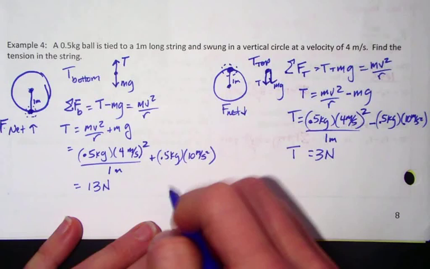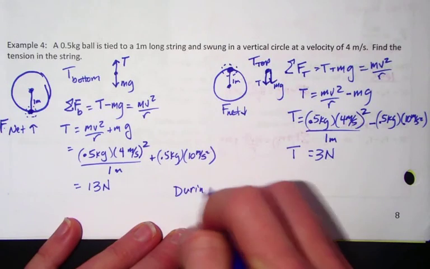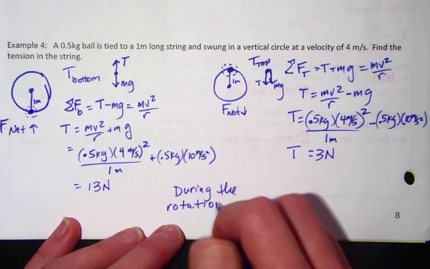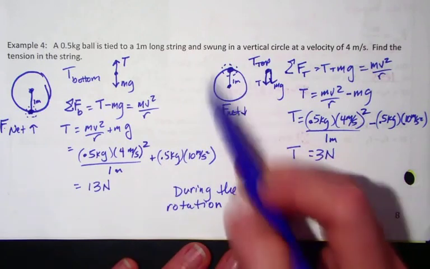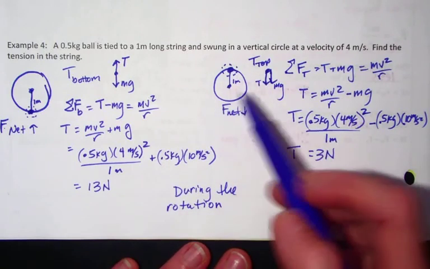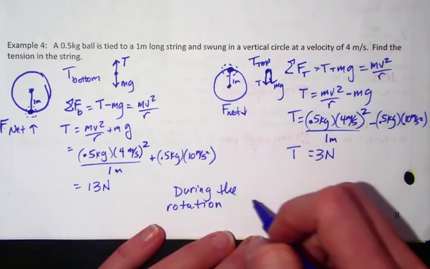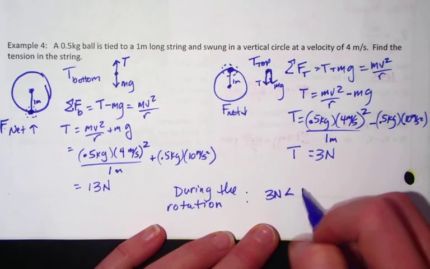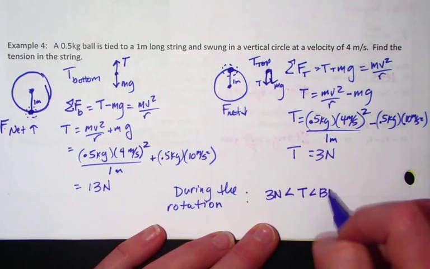And then what this tells me is that during the rotation of this ball swinging around in a circle, the tension is in between 3 newtons and 13 newtons.